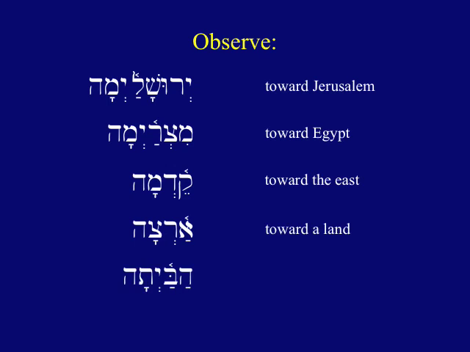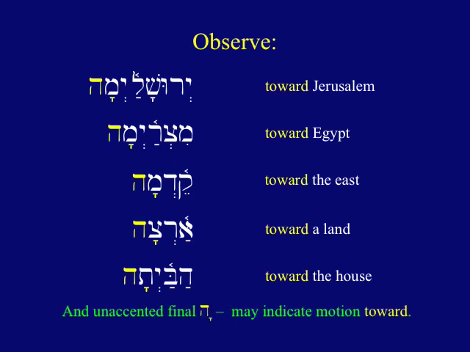Not Bayit, Habayit, the house, but Habaita, toward the house, toward the land, towards the east, etc. What is the rule? An unaccented final ah, an unstressed final kametz hey may indicate motion towards something. The lack of stress is important so that you can tell this from the common feminine singular ah ending.